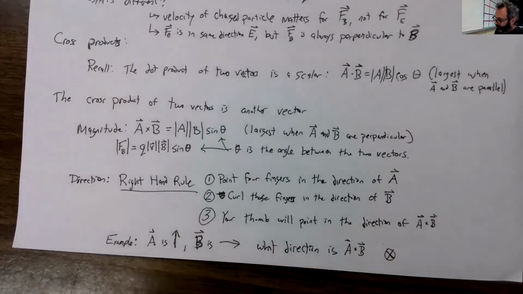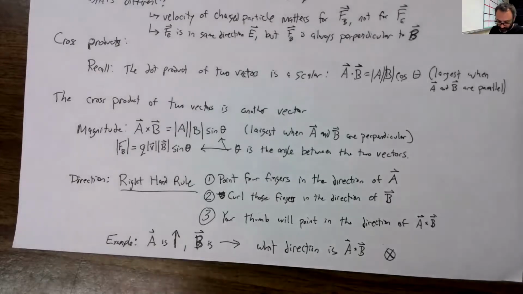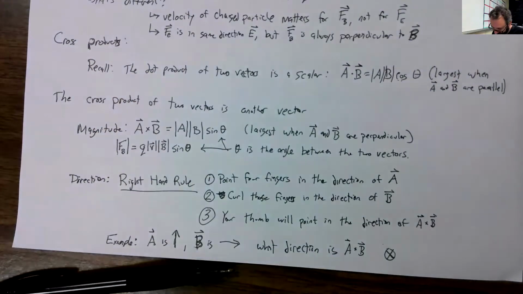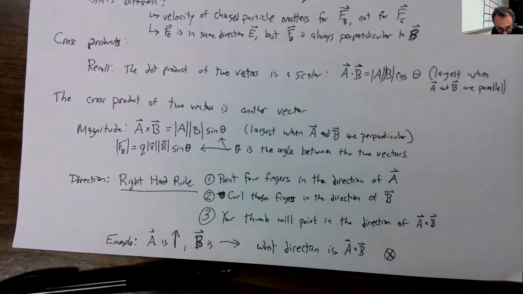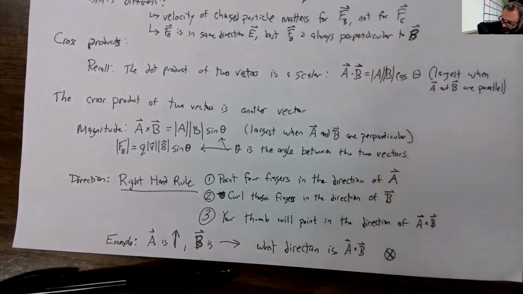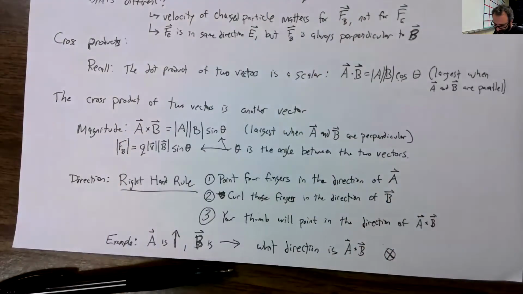You can always tell when somebody's taking the AP physics test if you walk by the room. They're always doing this with their hands, trying to figure out the right-hand rule. They also do the 3-finger thing. Yeah, that's another way to do it. Whichever way works for you to remember it is fine.